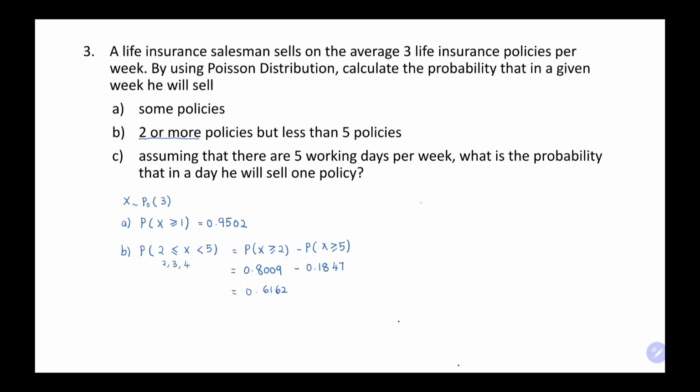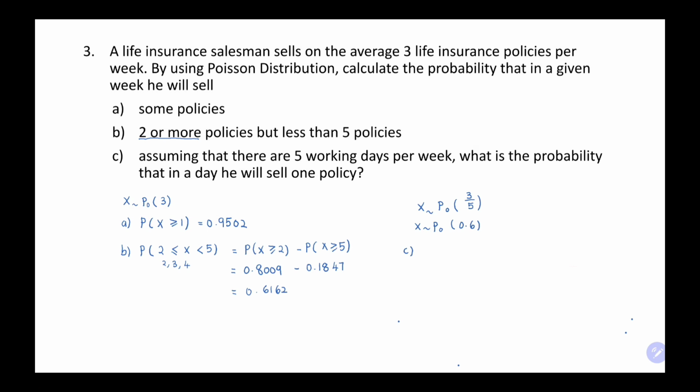So we use X with Poisson distribution, 3 over 5. We want to find how much lambda he gets in one day. So we get Poisson with lambda 0.6.